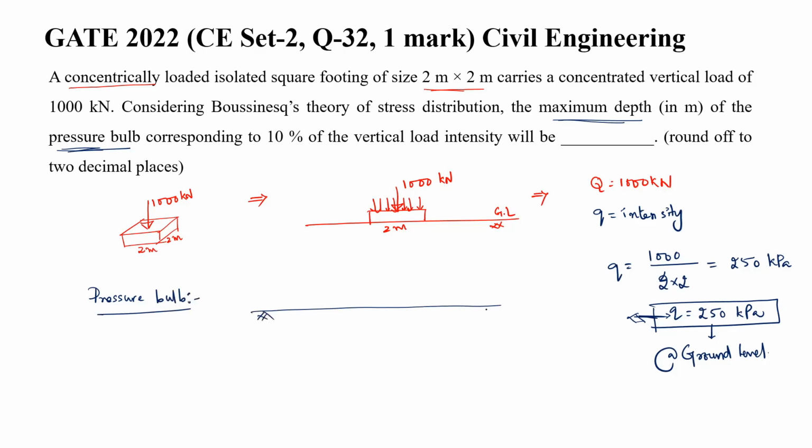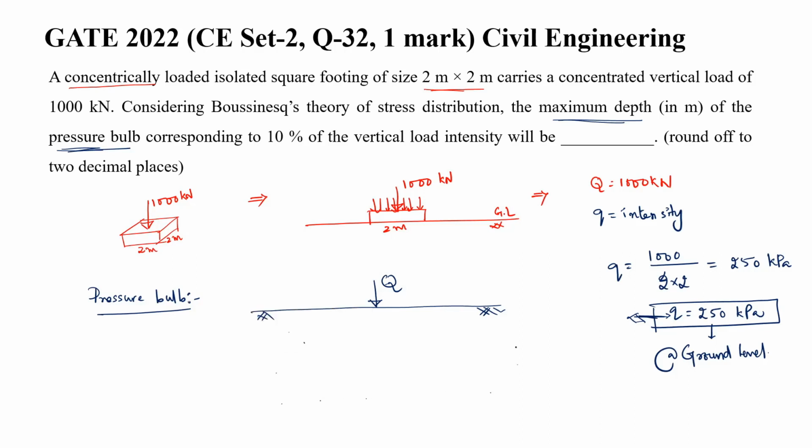To give a rough idea of the pressure bulb, if there is any load at the ground, due to this load there will be increment in the vertical stresses all over the points. Already the soil has in situ stress, and due to this external load there will be increment in vertical stresses at different points.